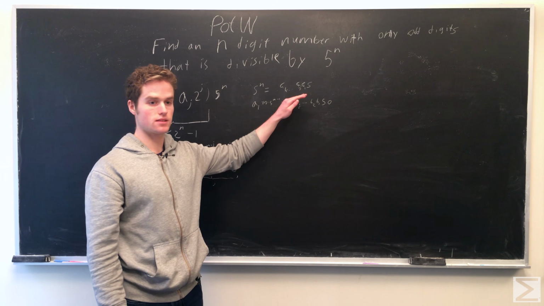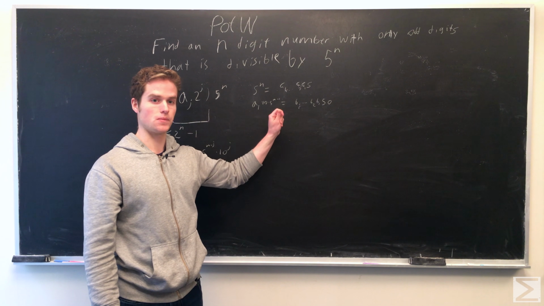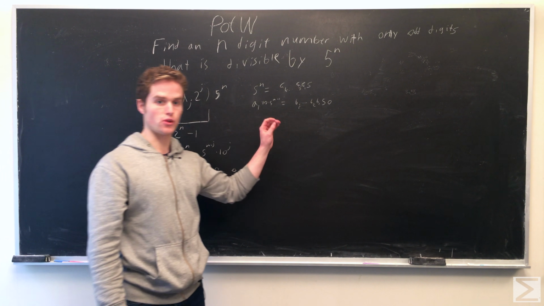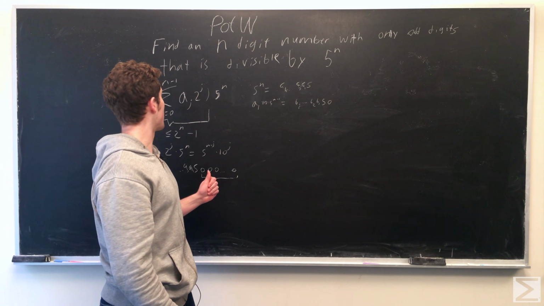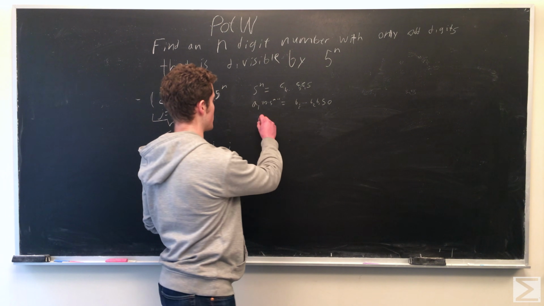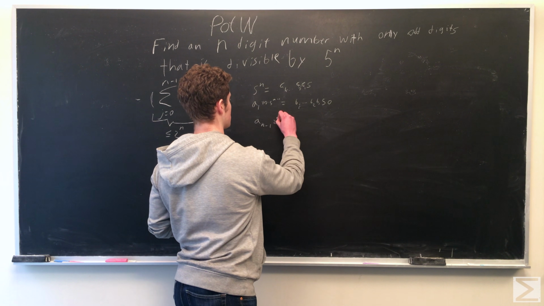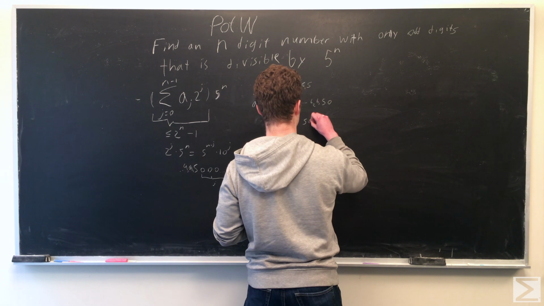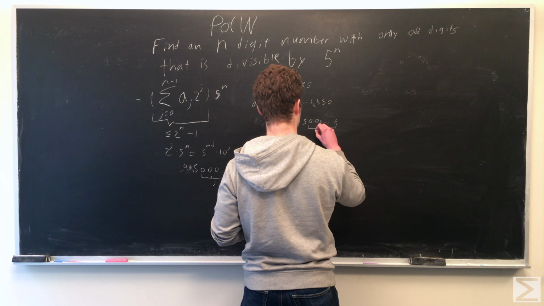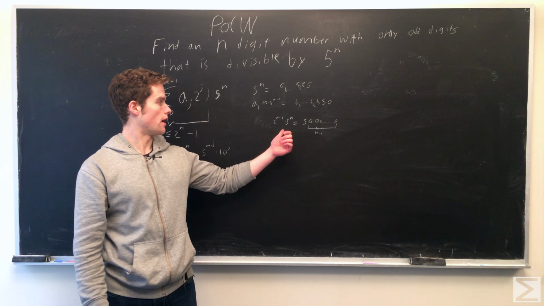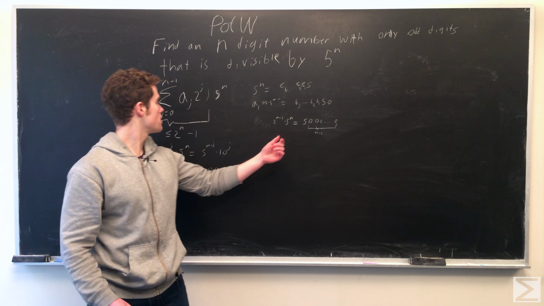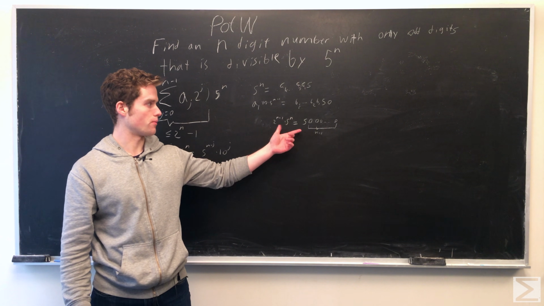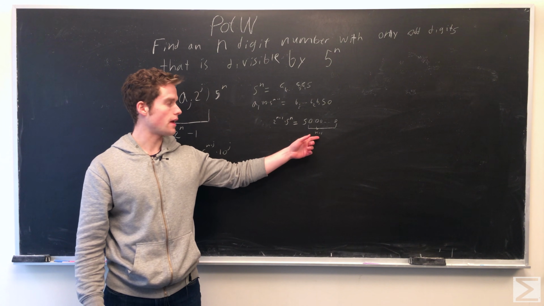And by doing this, we're bound to also get an n-digit number, because if we don't have an n-digit number, for the final number we're going to have something of the form 5 and then n minus 1 zeros.